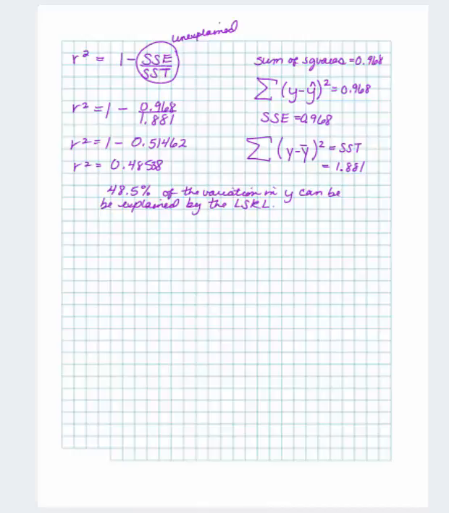That means that the residuals really come into play when you're talking about this r squared. So technically you can get this r squared two different ways. You can just take r and square it, which is a much easier way. But also I wanted to show you how you get it from this unexplained values and the total values.